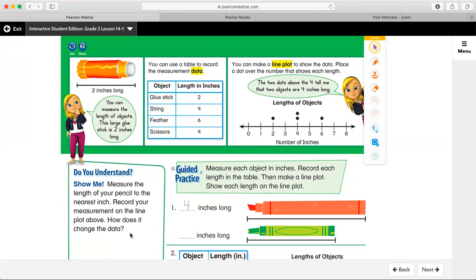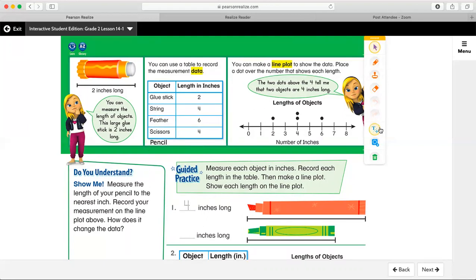Okay, so what I want you to do right now in the Do You Understand box is take your ruler and measure the pencil that you're using. Measure it in inches, and write it and add it to this box.